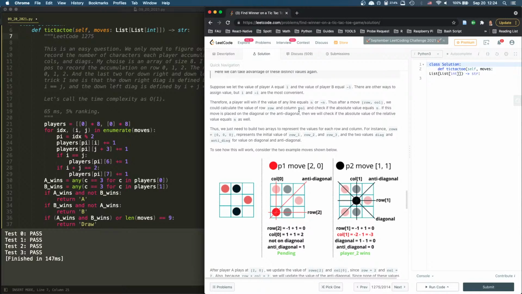Calculate the value for row and column, and check if the absolute value equals n. On the diagonal, or the anti-diagonal, we'll check if the value equals n as well.